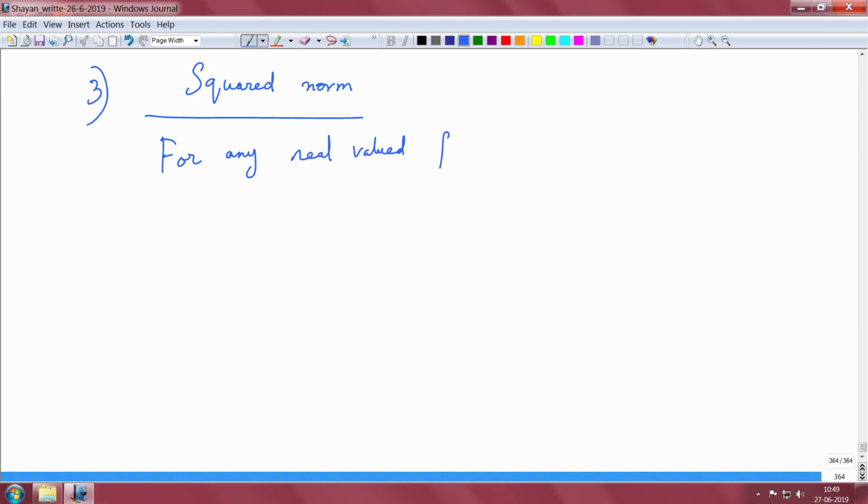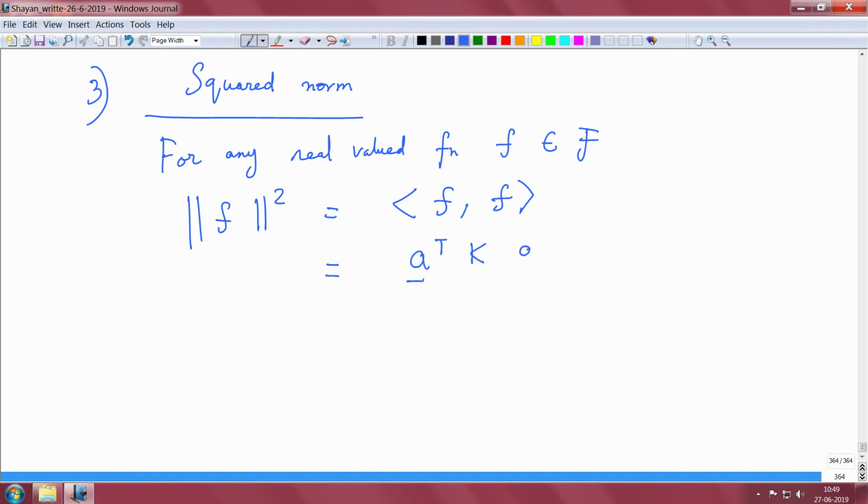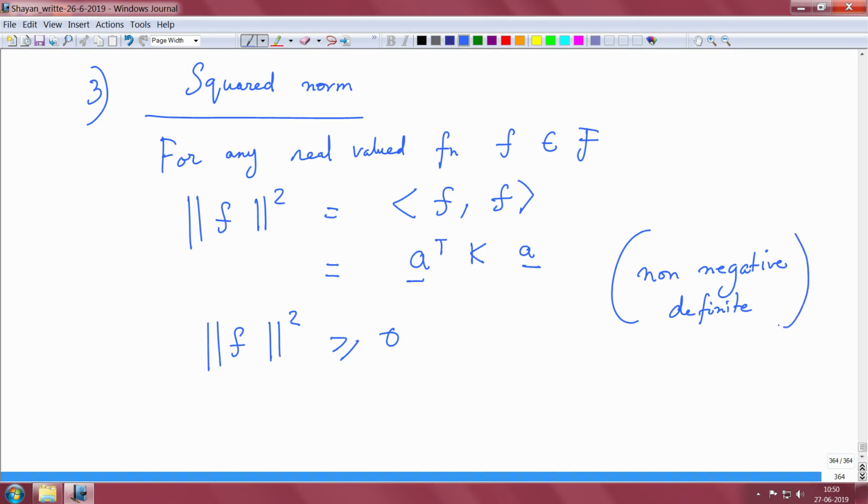For any real valued function f belonging to this Hilbert space, this inner product space, the norm f squared is basically the inner product of f with itself, and you can expand this out as A transpose K times this vector A, and this norm is greater than or equal to 0, which implies it is non-negative definite. Right. This is an important result.